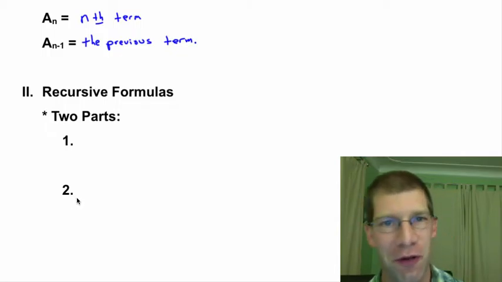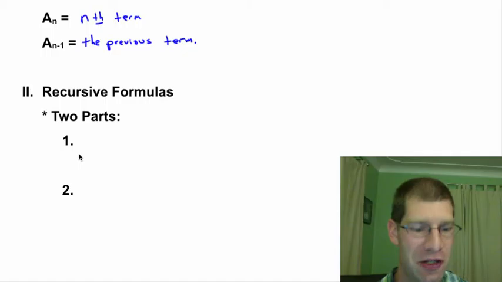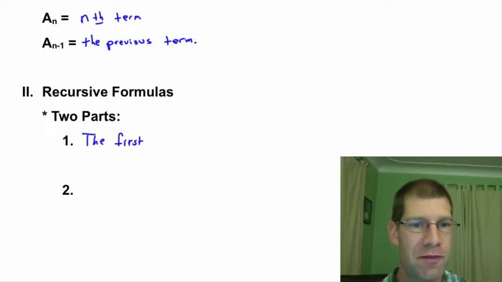And recursive formulas, thinking back to chapter 1, always had two parts. The first part is just going to give you the first term. Once in a while, they give you more than one, so I'm going to put the little s there in parentheses.